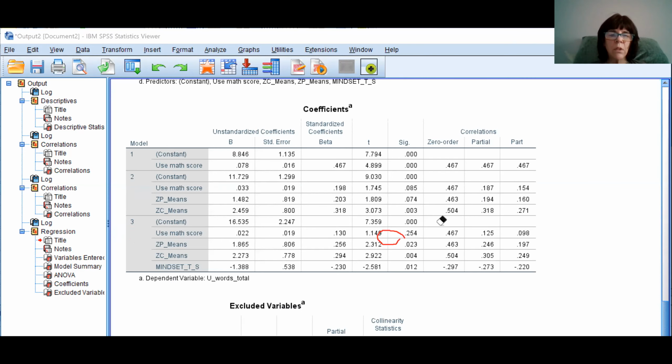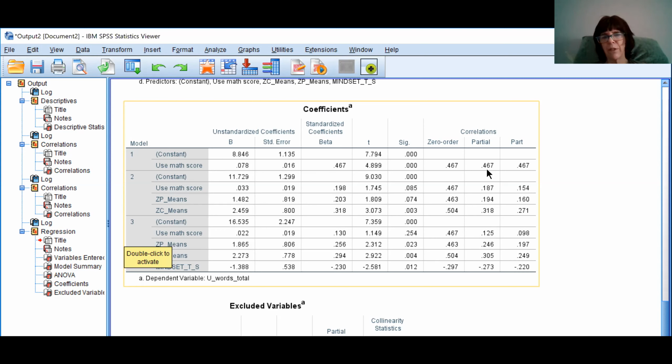I'll erase these circles. And what we see here at this level of the output is for each round, each model, and trying not to look at the other rounds when we're just focusing on one. So model 1, the math score, going over to the t-test, is statistically significant.